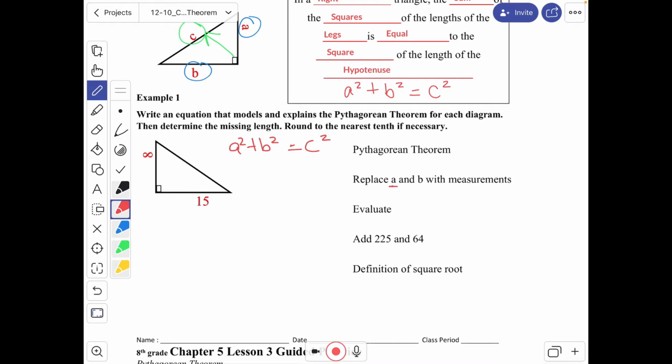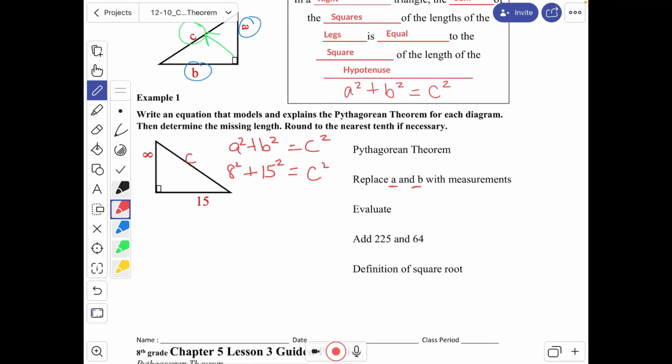Then we're going to replace the a and the b with the actual measurements. And it doesn't matter which one's a or b. It just has to be the legs. So I'm going to say the 8 is the a. So 8 squared plus 15 squared is going to equal c squared, which we don't know.